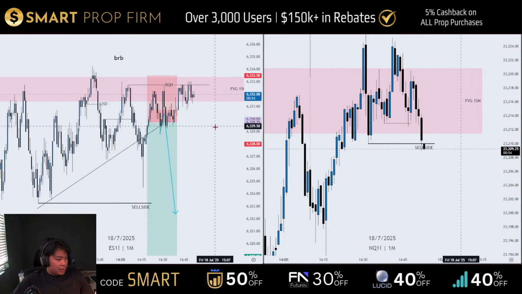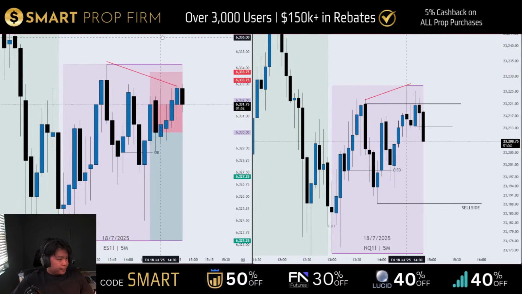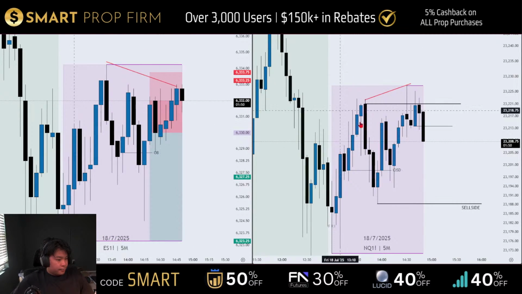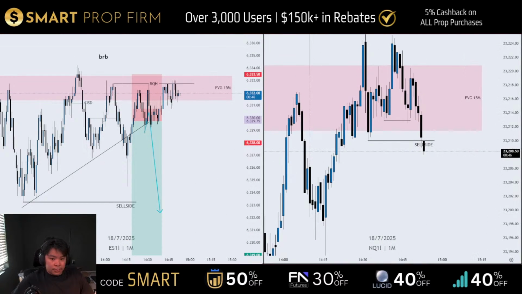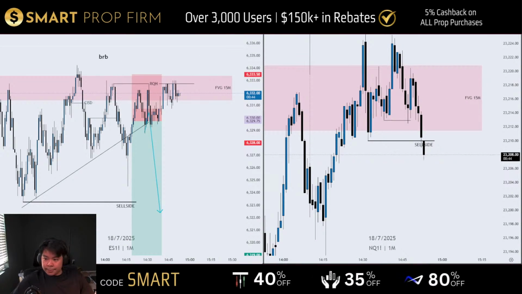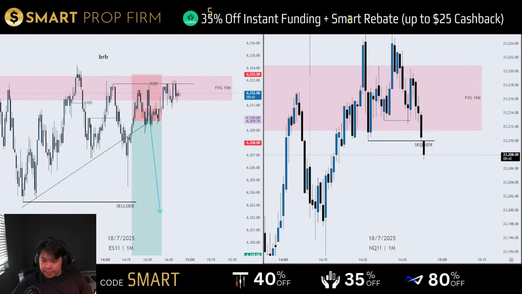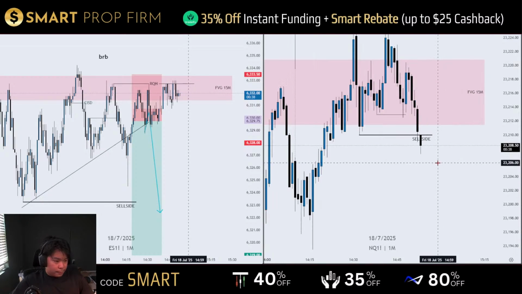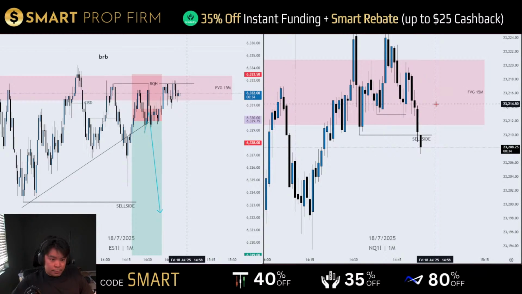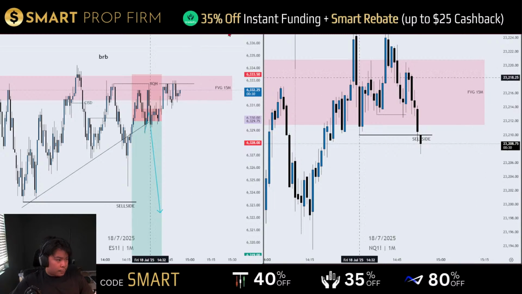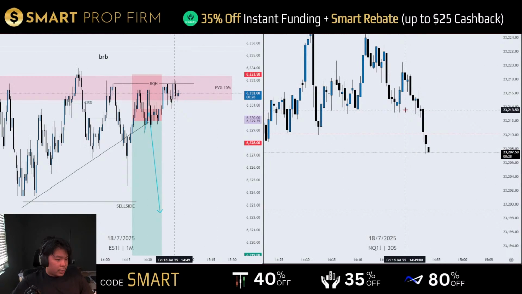ES is interesting. ES is holding. But we're actually getting nice follow through for NQ right now. Pretty good. I feel good with NQ.